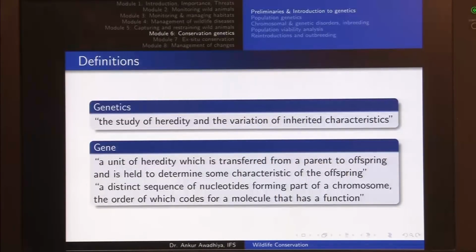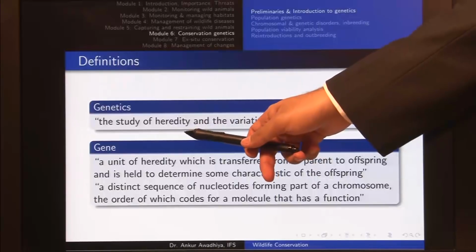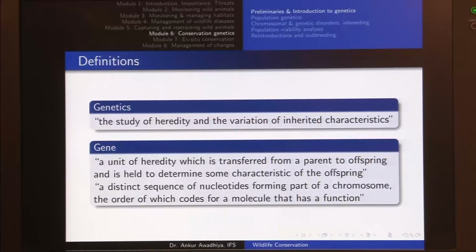So then we come to the definitions of genetics and gene. Genetics is the study of heredity and variation of inherited characteristics. The study of heredity. Now heredity is how different traits move across different generations. So basically when a child is born, then you would often hear statements such as this child has the eyes of his mother, or this child has the hair of its father, or things like that.